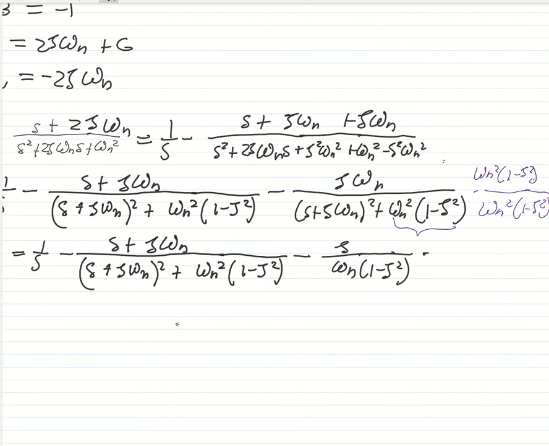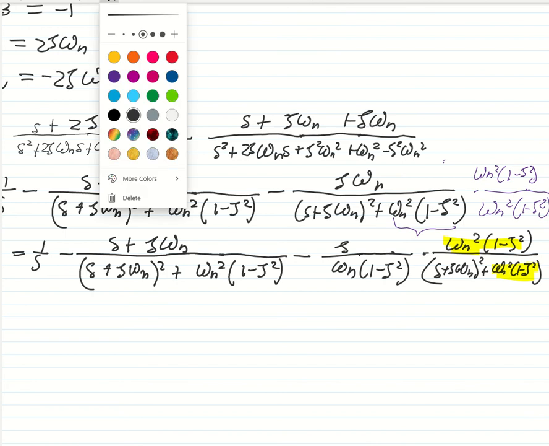And then here at the numerator, we have omega n squared times 1 minus zeta squared divided by the denominator s plus zeta omega n squared plus omega n squared times 1 minus zeta squared. So now we can use the formula because this one is already the same as this. The formula that we will be using is just direct from the table.